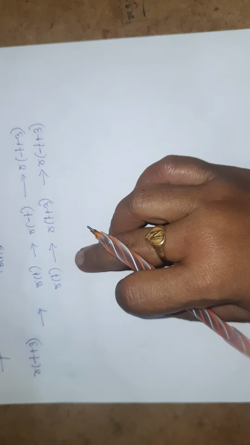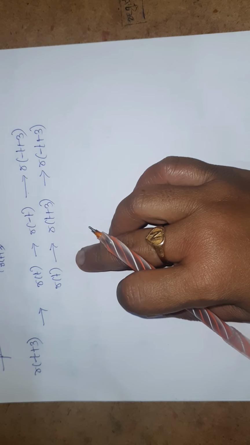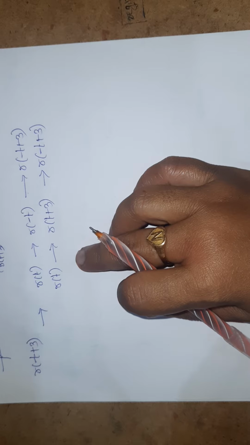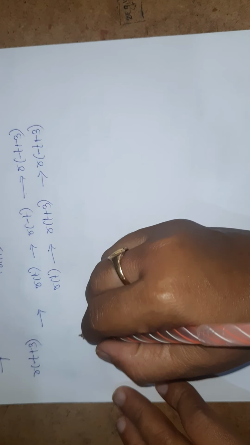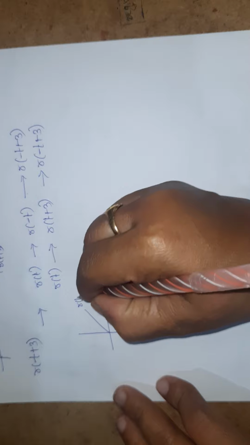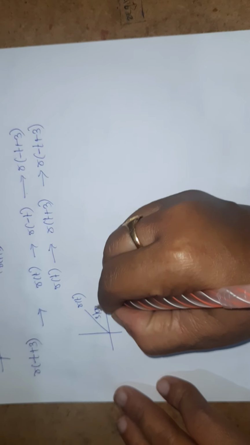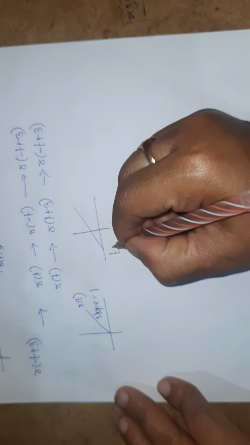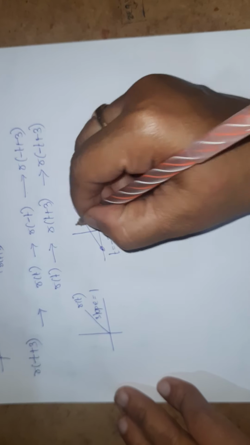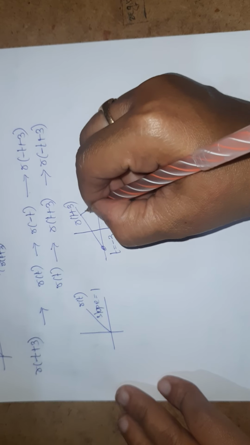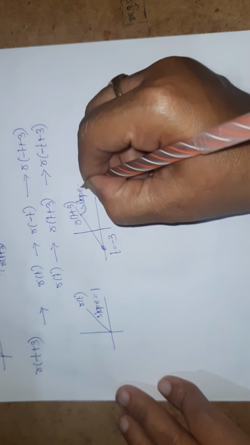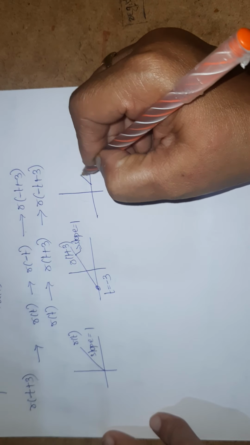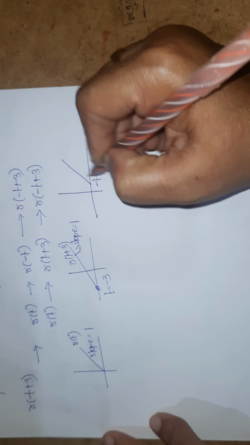So in the second method, whatever figure we have drawn, that is r of t with slope 1, and this is r of t plus 3 with slope 1, and next this is r of minus t plus 3 I have drawn in the last session.